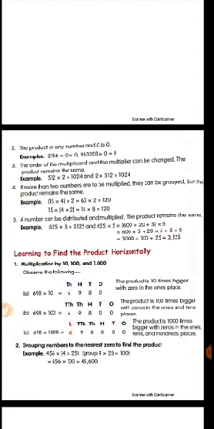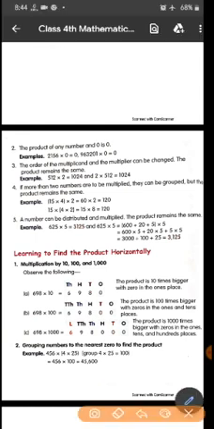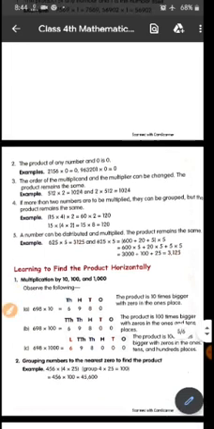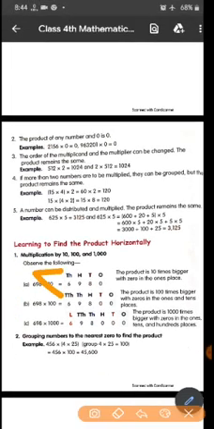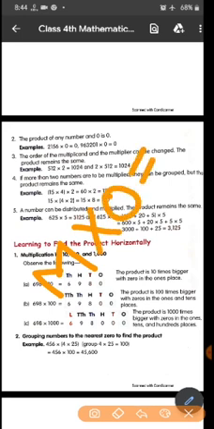Now come to the second one. The product of any number and 0 is 0. Whenever any number is multiplied by 0, we get the product as 0. So the second property tells us that whenever the multiplicand is multiplied by 0, the product becomes 0.